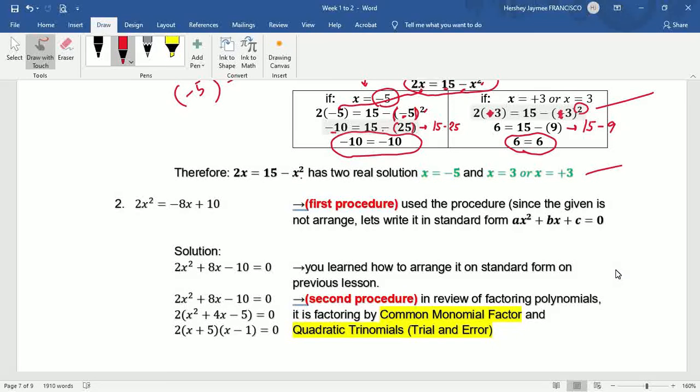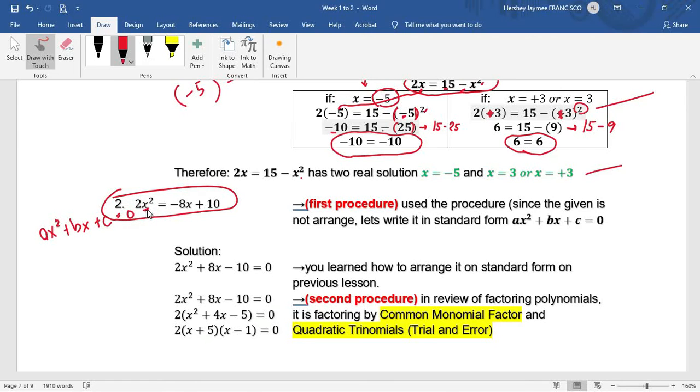So, again, analyze your equation. It is not yet in standard format. So, again, you follow the standard format where the quadratic term comes first, followed by the linear term, followed by the constant, is equal to 0.